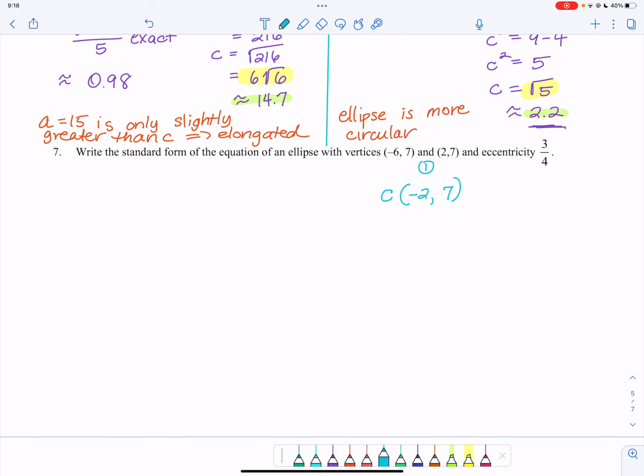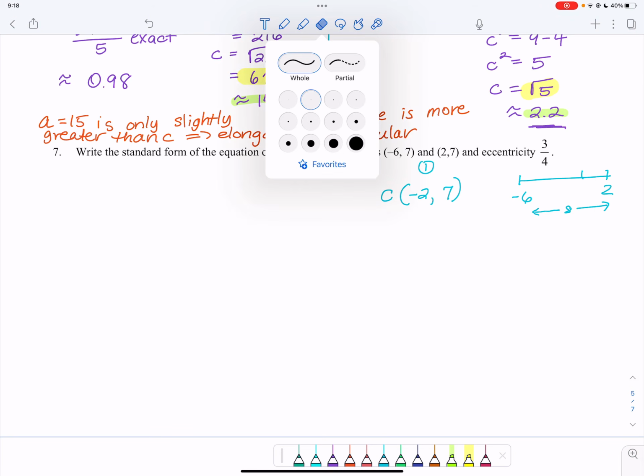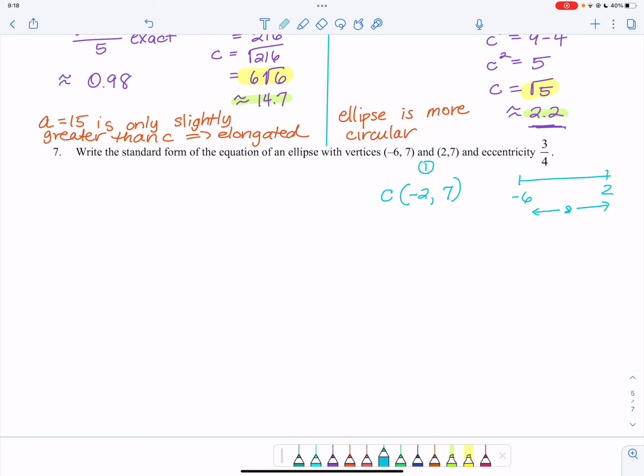And -2, of course, is halfway between -6 and 2. So our distance between these is 8. So we'll go towards the center, 4 and 4, and that's the center. So you could say right there that that's -2, and that's the center, okay?